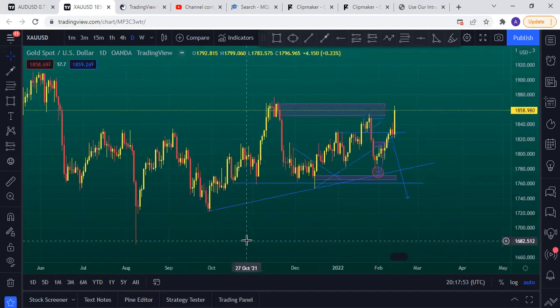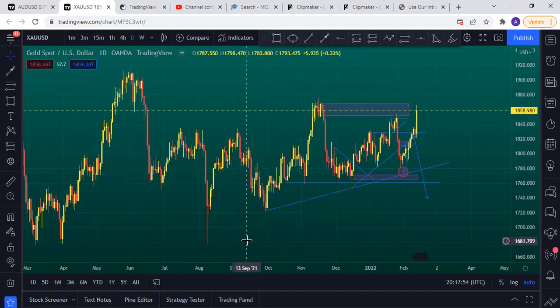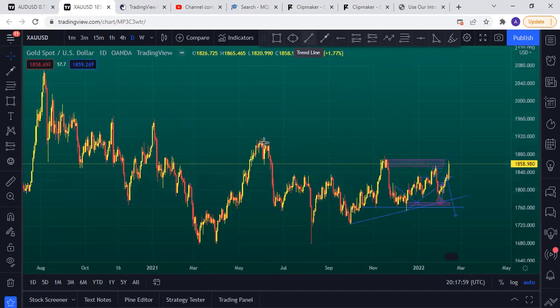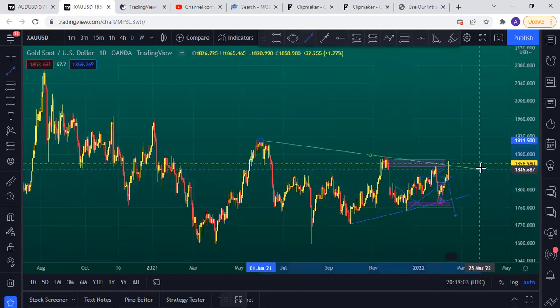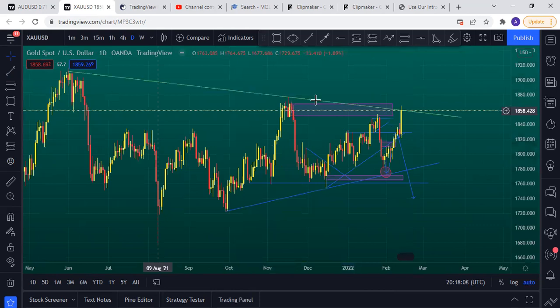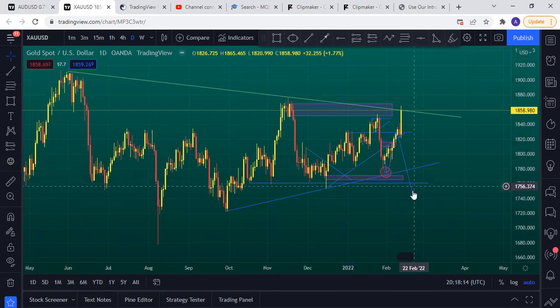We're still in a bullish trend. All right, so let's see. We're currently at a very interesting zone, so I want to see what price does around here.